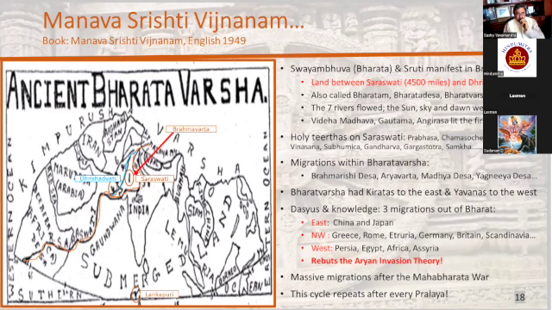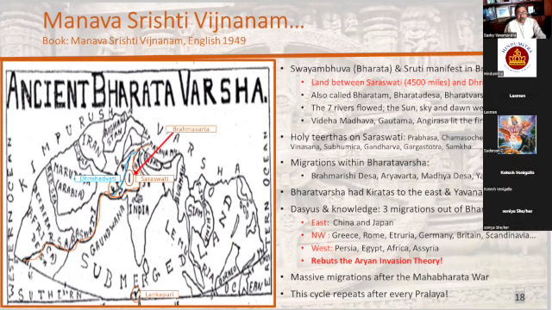So when Srishti begins, then the holiest of holy places is the land between these two rivers called Drishadvati and Saraswati. And that land is called Brahmavarta. And that is where Swayambhu Manu himself becomes manifest, and the Sruti becomes manifest in this land called Brahmavarta.